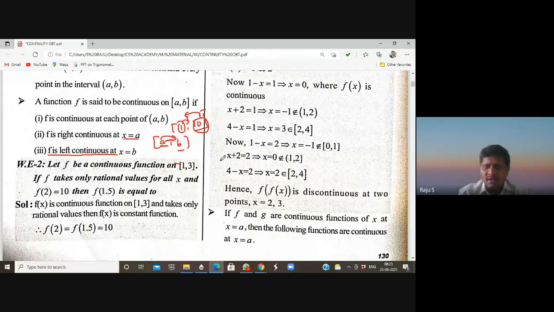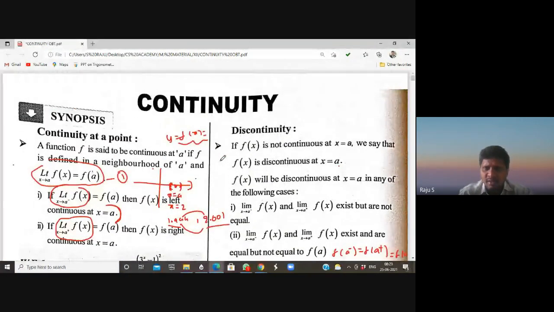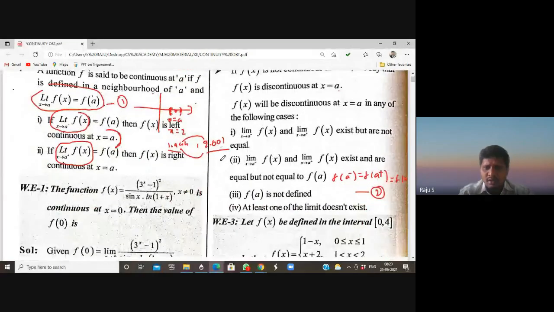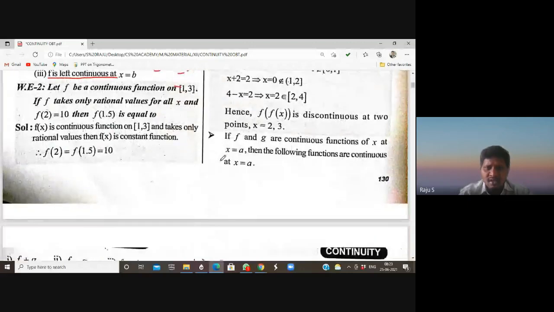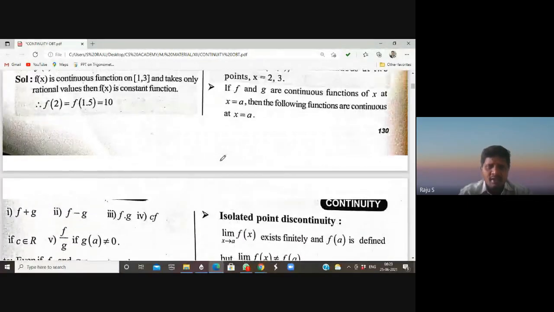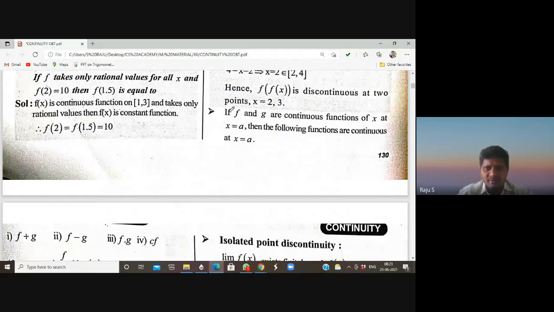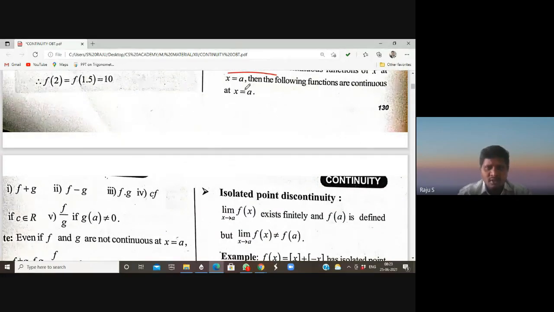Discontinuity has almost 5 to 6 types. Already we discussed the discontinuity of the first kind and the discontinuity of the second kind. And clearly I told you that f comma g are any two continuous functions at x is equal to a.